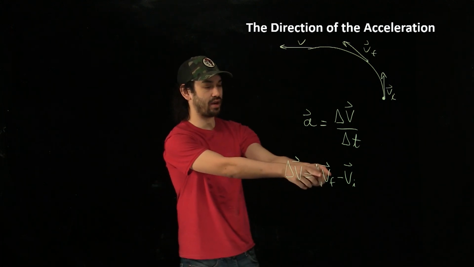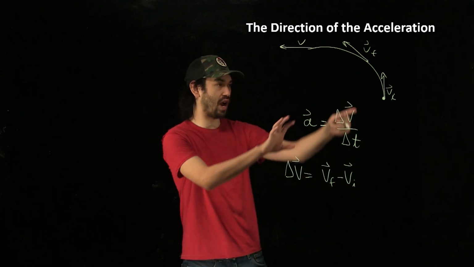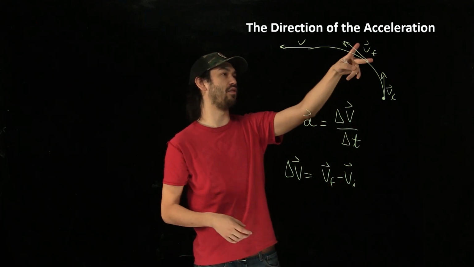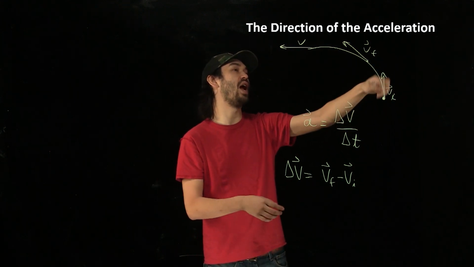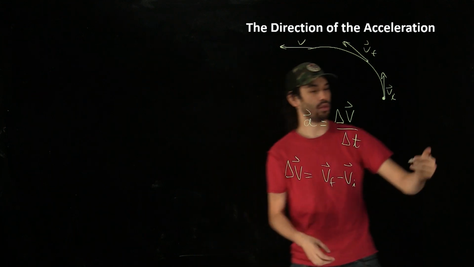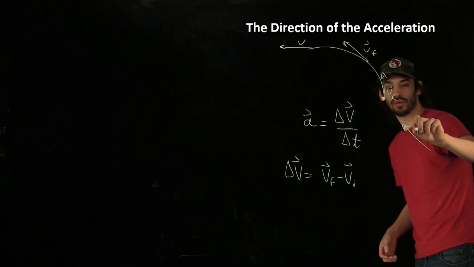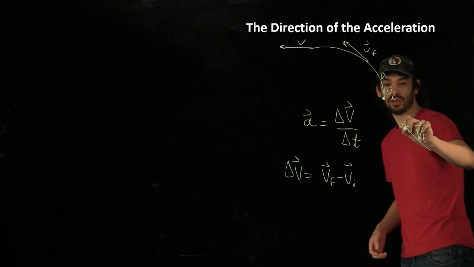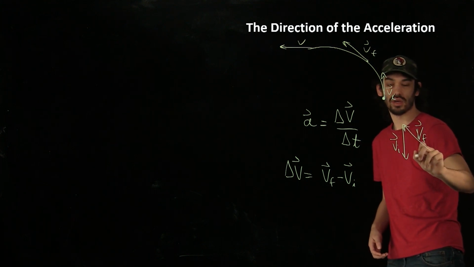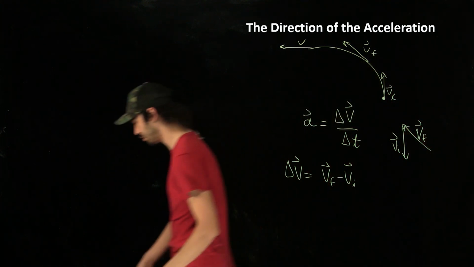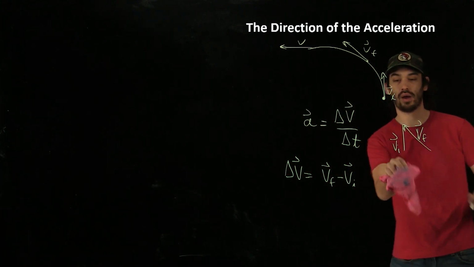We know what this should look like graphically. We take the vector vf and then we subtract the vector vi, and graphically what that means is take the vector vf that we have here and then invert the vector vi and then add that to this one. And so what that looks like here is going to look like this. So this is the vf vector, this is the vi vector, and let's make this a little bit longer so it shows exactly what I'm trying to show here.